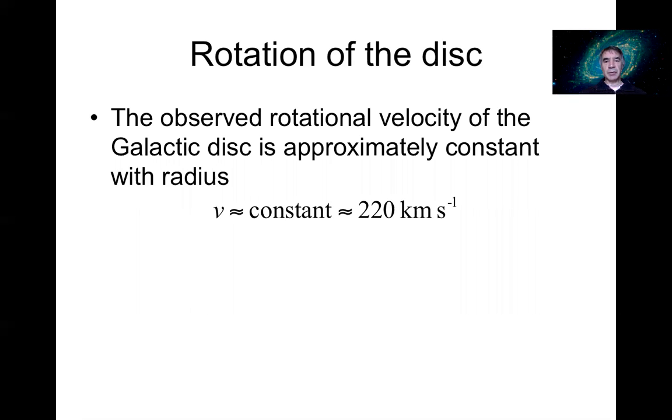And it turns out that for most of the galaxy, the disk, there's a fairly constant rotation speed. So the speed at which stars and gas are rotating around the center of the galaxy is fairly constant, no matter how far from the center of the galaxy it is.